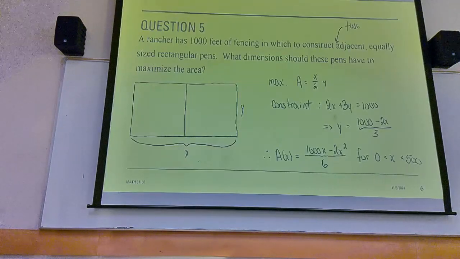I do not agree with the 250. 125. The 250 would be the entire length. You want each pen, so that X has to be divided by 2. Got it. Dimensions are 125 feet by 500 thirds.